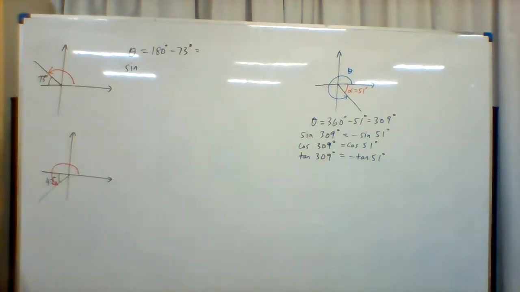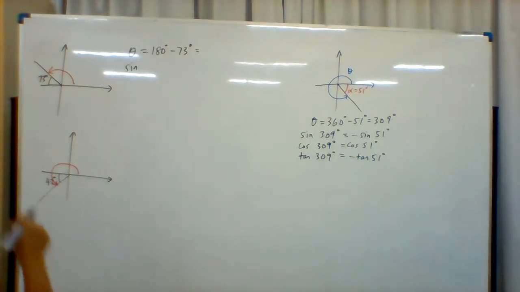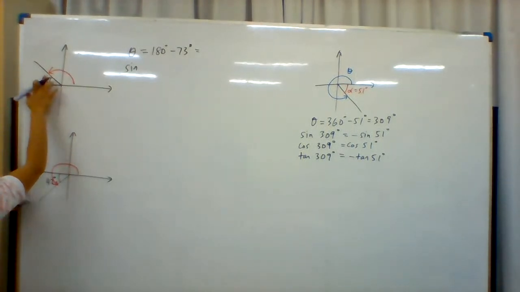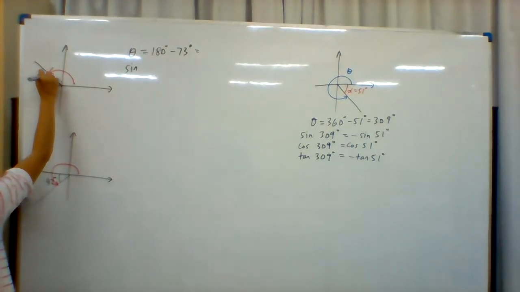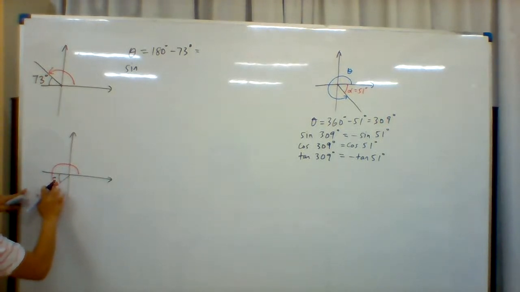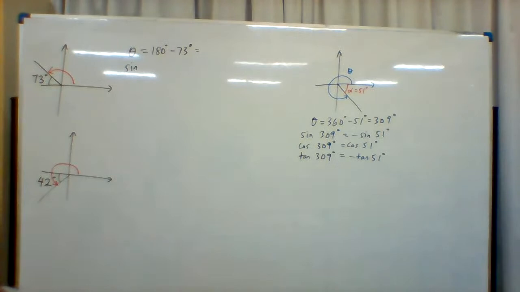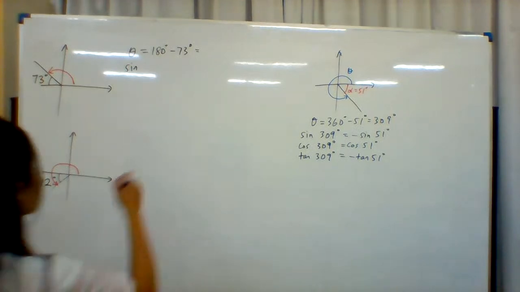Oh, sorry, Sam, the numbers are 73 and 42 for your basic angles. So if you take your 180 minus 73, which is your basic angle, you will get 107, which is your theta.